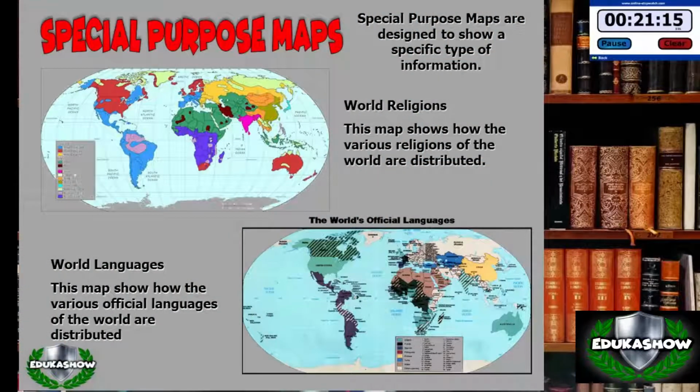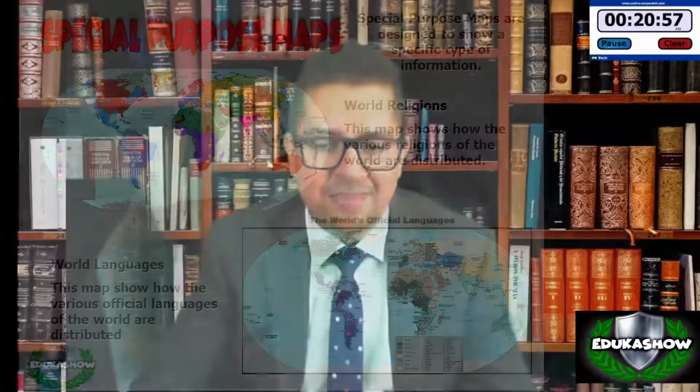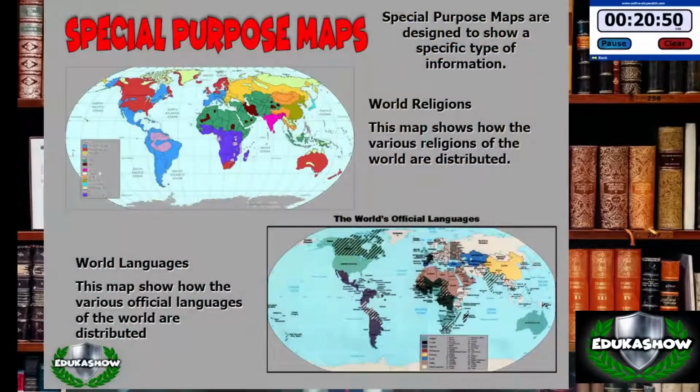So of course, you're going to find also a legend located to the left of the Mappa Mundi, and you're going to find all of those colors that will represent how world religions are distributed. In the case of the map from the bottom, we're going to be looking at the world's official languages. That map shows how the various official languages of the world are distributed. So that makes it really interesting, and that makes it really cool.